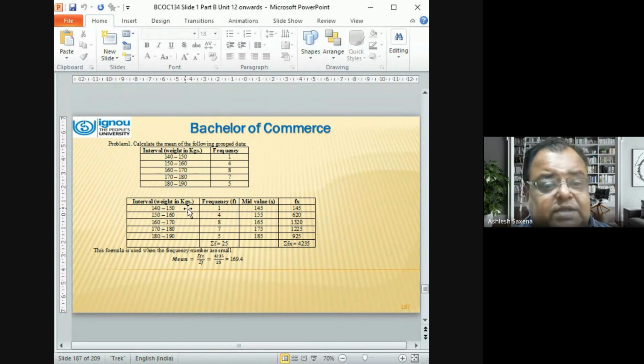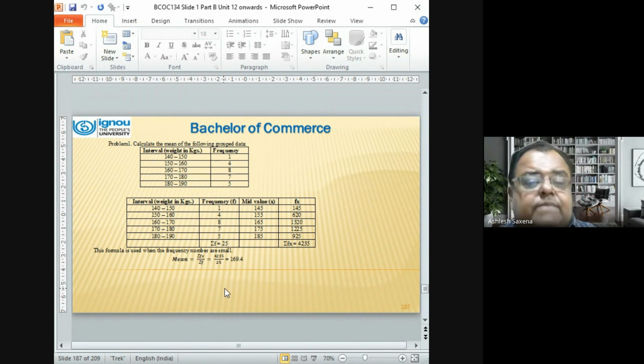Since the difference is 10, we will be adding 10. We won't be doing it again and again for each observation: 145, 155, 165, 175, 185, and then multiplying these two. You will get this and dividing this by 25. This is how the mean is calculated.